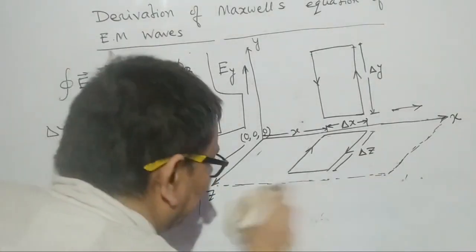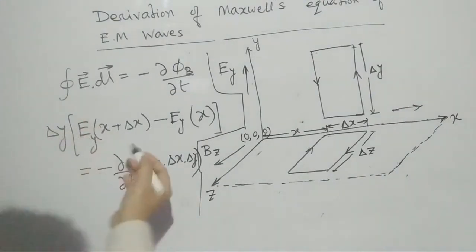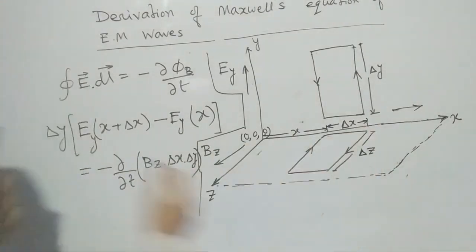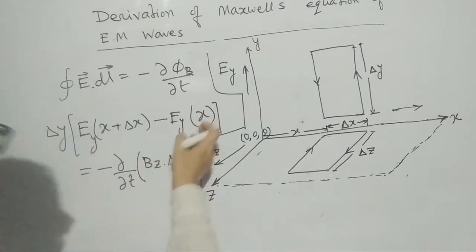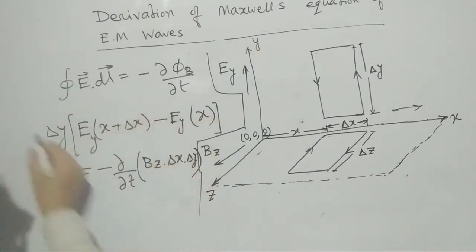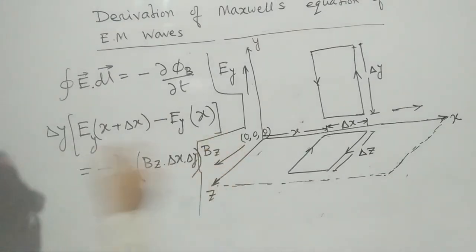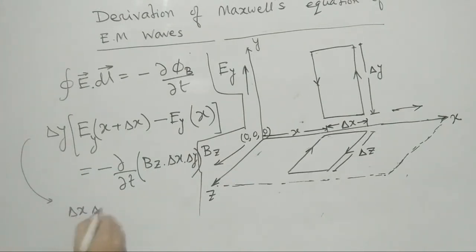But here what we are getting is that Ey, suppose the electric field is a function of x, and it is x plus delta x minus Ey at a distance x. We require a delta x at the bottom that we do not have. So we can give one and we can write one here. So this equation will be delta x delta y.